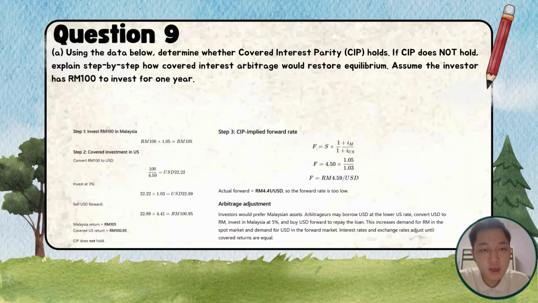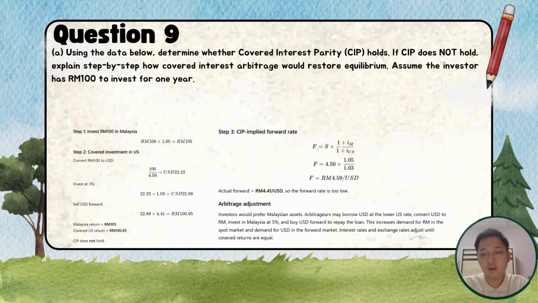For question 9a, I need to determine whether covered interest parity, or CIP, holds. First, I calculate the return from investing RM 100 in Malaysia. The Malaysia interest rate is 5%, so RM 100 multiplied by 1.05 equals RM 105. Next, I calculate the covered return from investing in the United States.